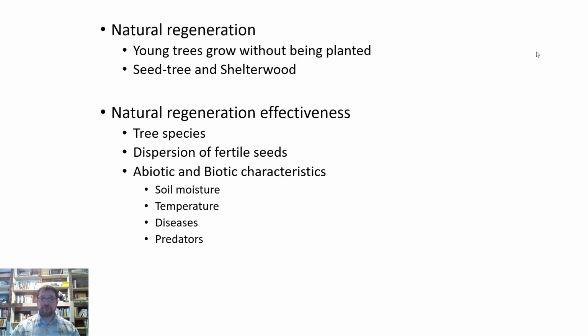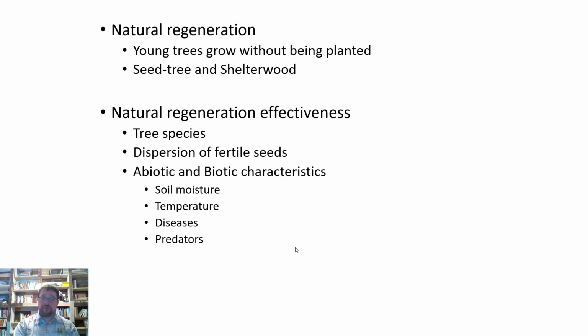Okay? In some cases, the seed covering has to be rubbed away or has to be soaked in water. It has to have a certain pH maybe of the soil in order for that to germinate. So for natural regeneration, a lot of abiotic conditions have to be in place for natural regeneration to occur in a timely manner.